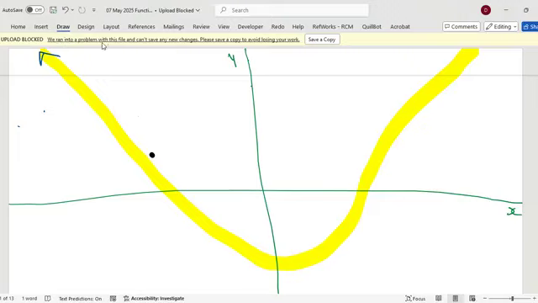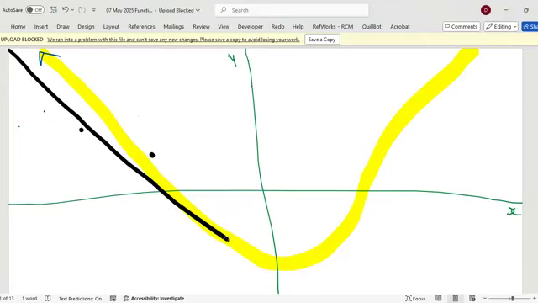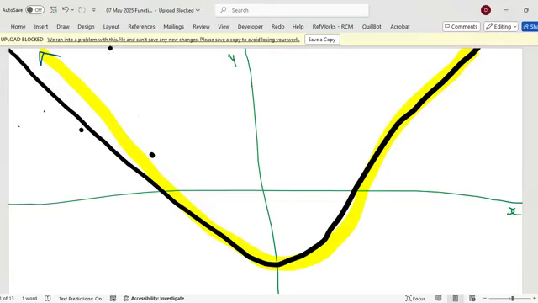I wanted to do it like this. Let me try for the last time. That is the same thing though. So there is my parabola graph.